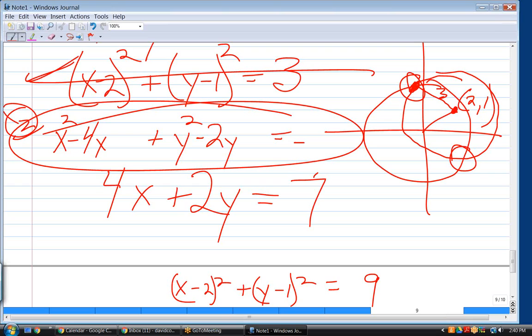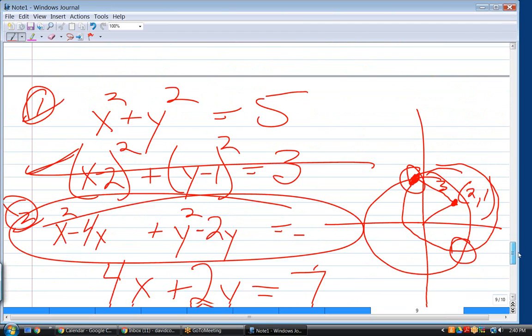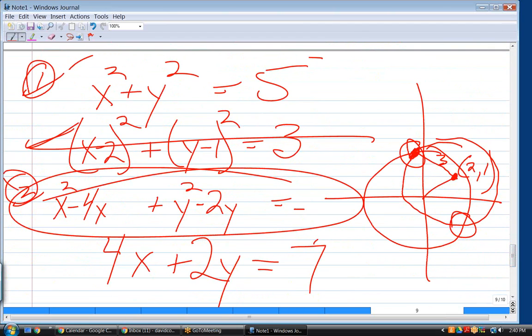I'm just not sure how you find the points of intersection between two circles. Because it seems to me you're always going to come down. Did I make a mistake in math here? I don't think so. That's definitely the equation of the circle at the origin.